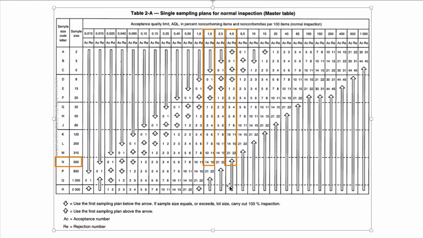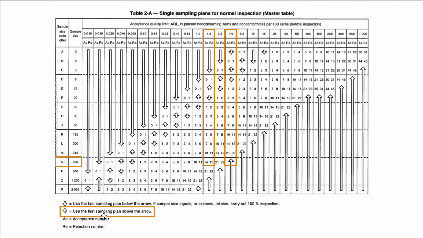Just a note about this arrow, you could say that for minor defects you only check 315 pieces, that's what it means, and then this would be the limit. Or you can just say, I'm going to check 500 pieces for critical, major and minor defects all together on the same number of samples. That works too.